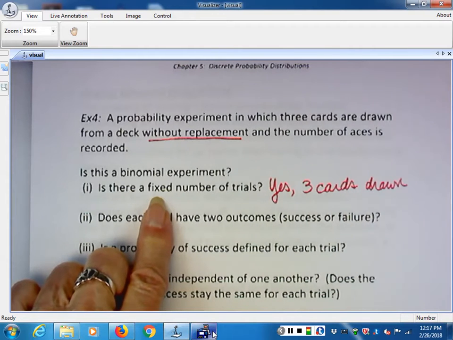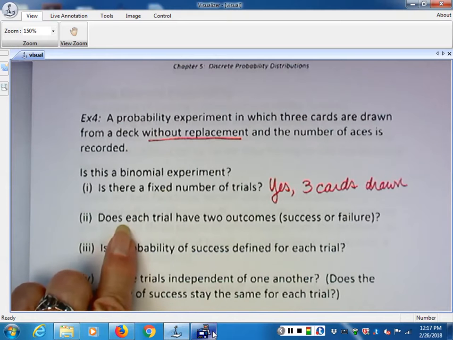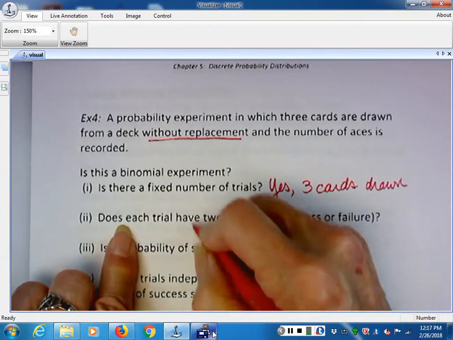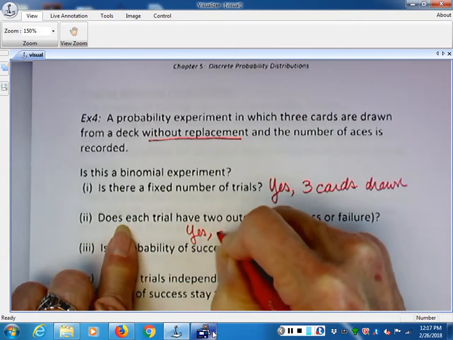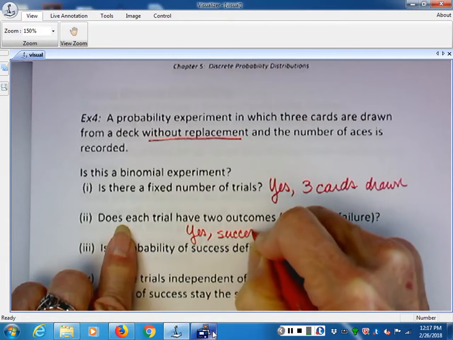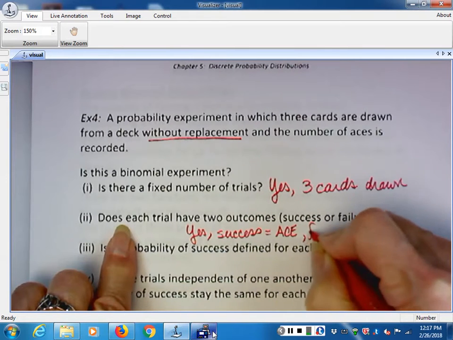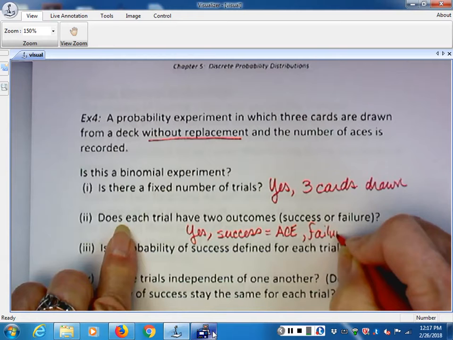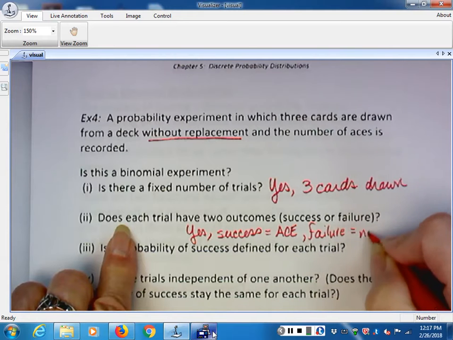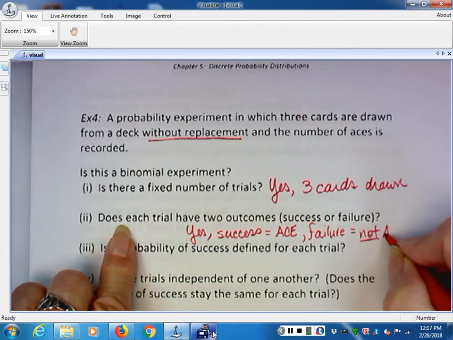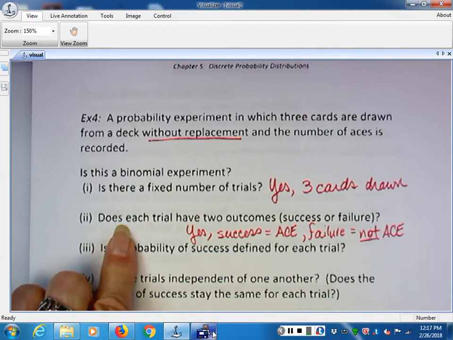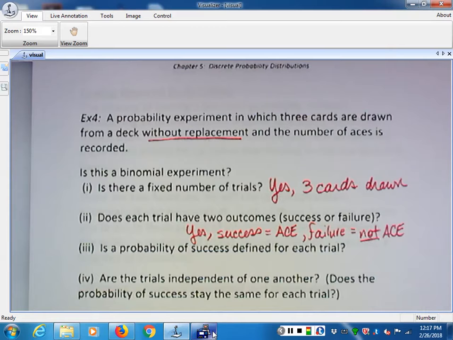There's going to be 3 cards drawn. Does each trial have 2 outcomes, success or failure? Yes. Success would be an ace and failure would be, no, it's not an ace. So it needs that one.